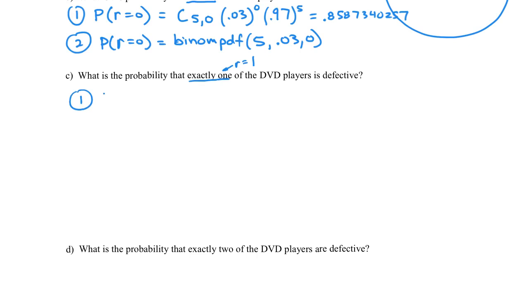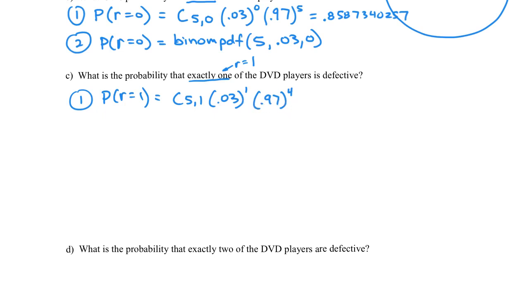So using the formula, we're looking for the probability that R equals 1. So that is going to be a combination of 5 things taken one at a time, times P raised to the R, and then times Q raised to the N minus R. So again, these exponents will always add up to 5.